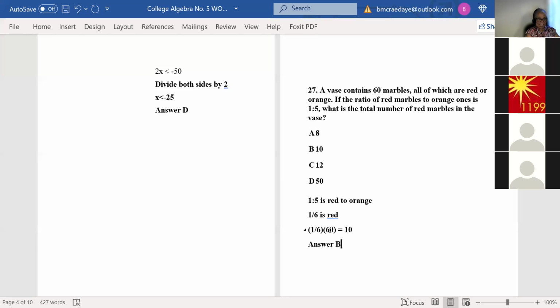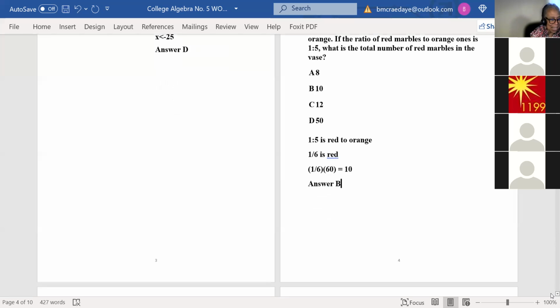All right, you kill me with mental math. Red plus orange adds to 60. If 10 of them are red, then 60 minus 10 is 50 are orange, correct? All right, let's go to 28.